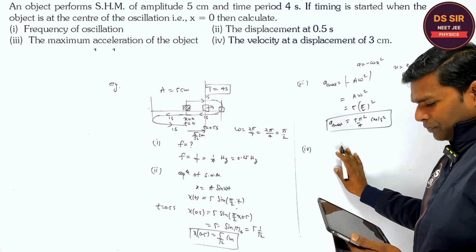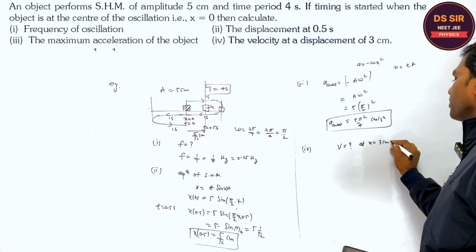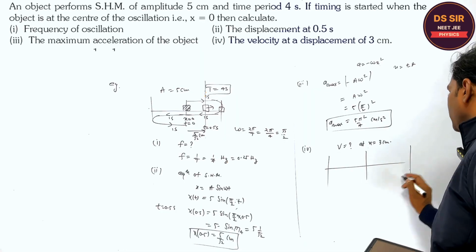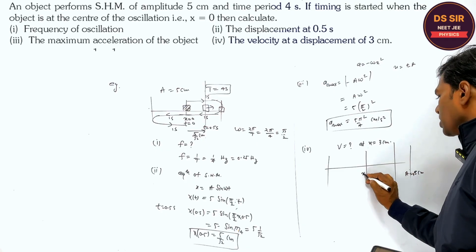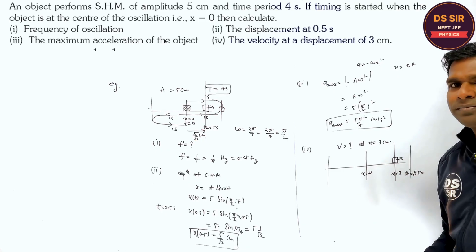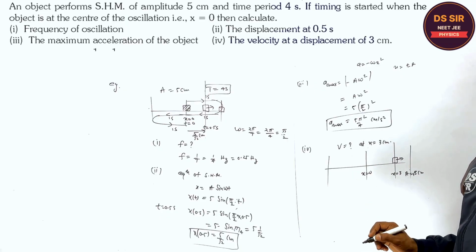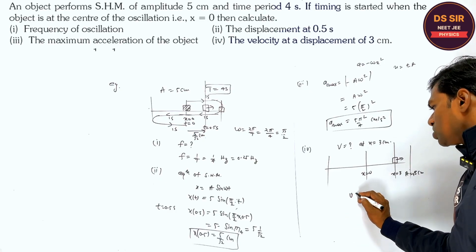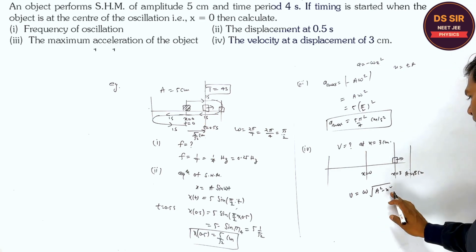The fourth part, they are asking the velocity at x is equal to 3 centimeter. The amplitude of the SHM is 5 centimeter, right? So this is x is equal to 0 and this is x is equal to 3. They are asking the velocity, so which formula will we use to find it? The velocity as a function of x we have found in this way. Put the value of x.